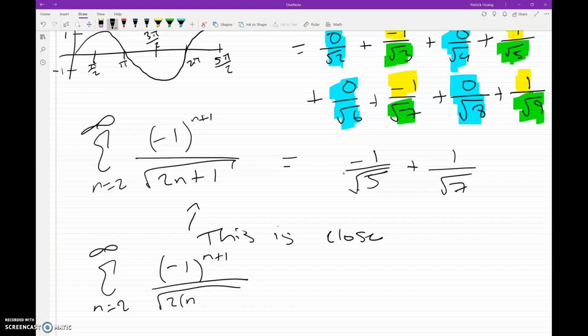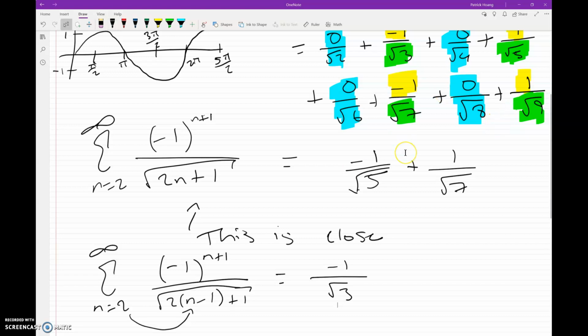If I substitute n with n minus 1 plus 1, what happens now? So our numerator is still the same. So we're going to start with -1. But what happens if I substitute 2 in for n now? 2 minus 1 is 1. 2 times 1 is 2. 2 plus 1 is 3. So the denominator is the square root of 3.